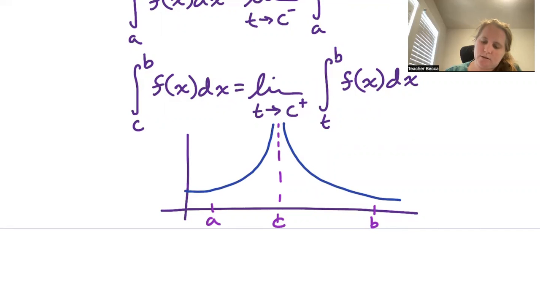Essentially what we're doing is we're picking some t to the left of c, and then looking at the definite integral from a to that t. And then we are letting t approach c from the left. So we're getting closer and closer to the entire left-hand side of that definite integral.